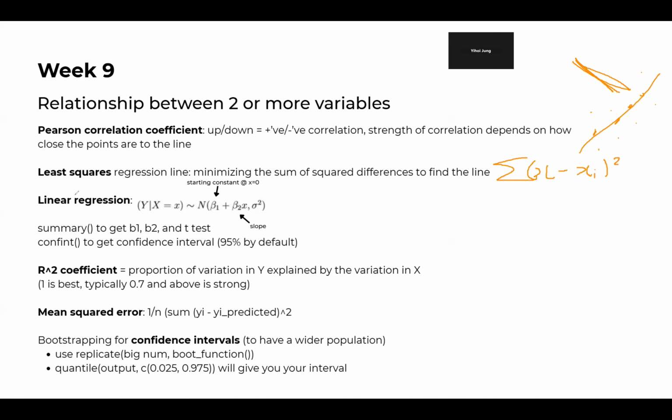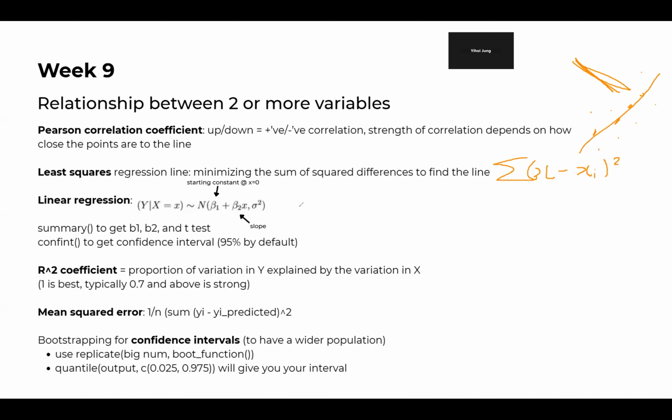But we go into regression, and basically for regression, you assume a normal distribution for when x is equal to some x, and your y is your data set. You have b1 being the starting constant when x is 0, and b2 is your slope for whenever your x goes up or down.